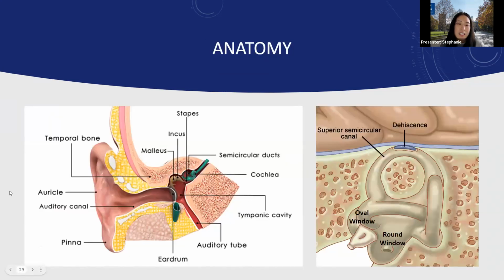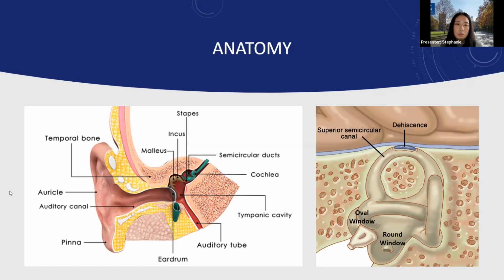So to understand the impact of such an abnormal opening, we need to really understand the other structures around the superior semicircular canal. The middle cranial fossa, also known as the central skull base, contains many structures that are very susceptible to pathology. On each side, the middle cranial fossa consists of the sphenoid bone and the temporal bone.